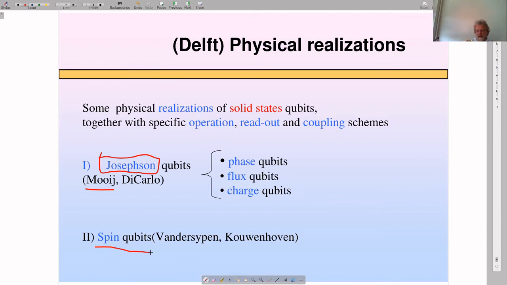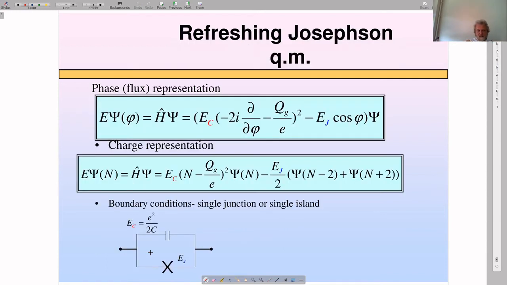Fine. Right, and let me first refresh the lecture. What was that? Was it lecture number 7? A lecture about the Josephson quantum mechanics. So why can we use a Josephson junction as an elementary quantum unit? Well, because it's just quantum mechanical.